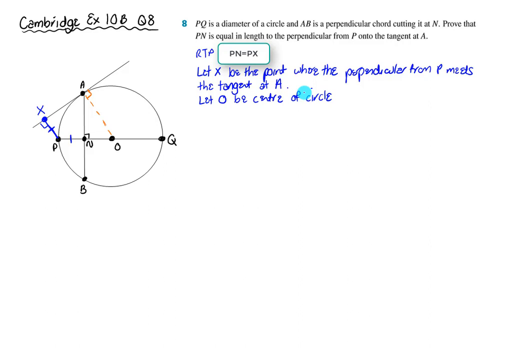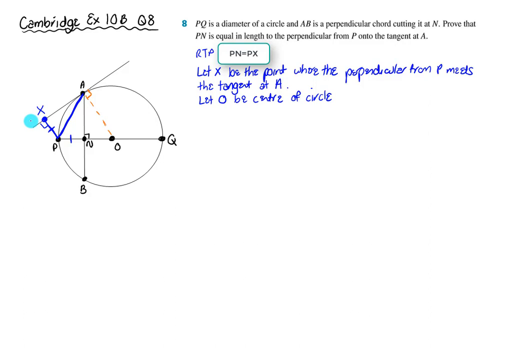Now, what we're going to have to do to be able to prove those two things are equal, I'd be thinking that we are going to have to deal with the two triangles. So we've got triangle PAX and PAN. Now, if I could show that those two triangles are congruent, I could show that PN equals PX.